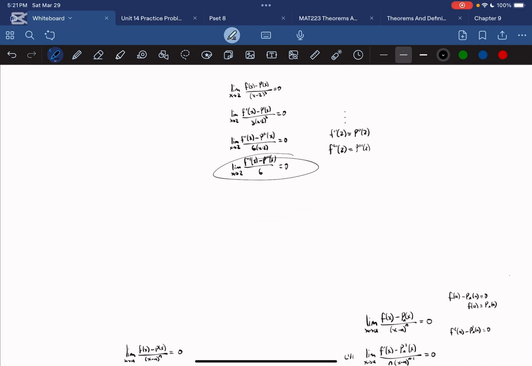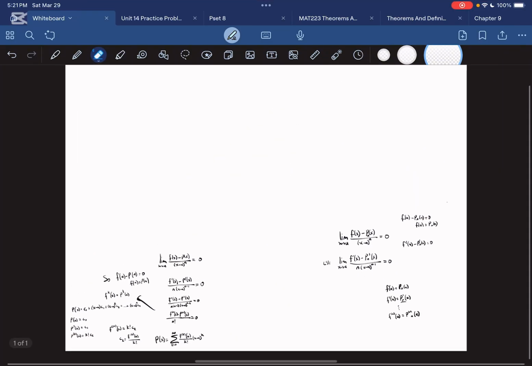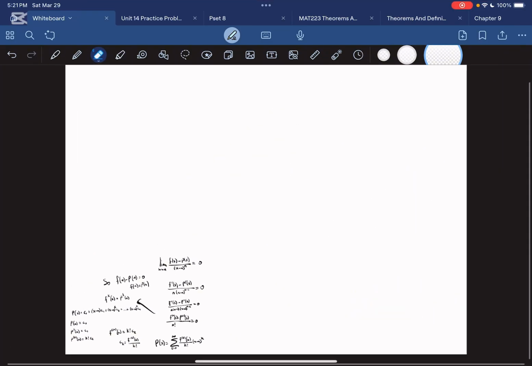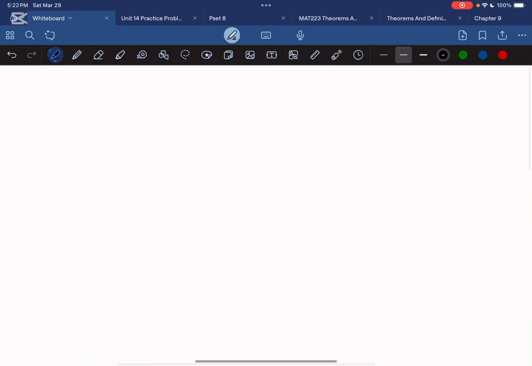All right. So that was a lot of yap. But now let's actually do something with it, yeah? All right. So now let's find a general formula for P_n of x, all right? And let's write it as a power series, because we know we want power series, right?